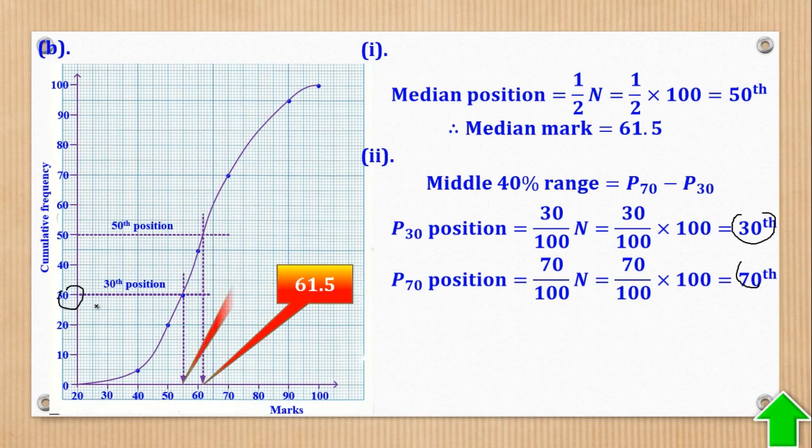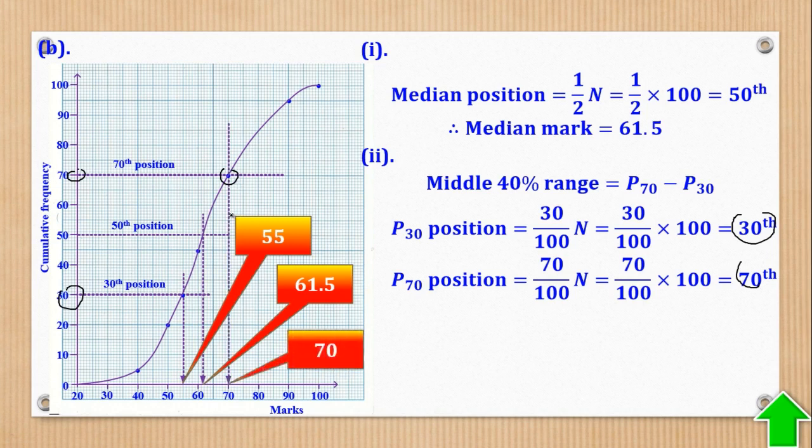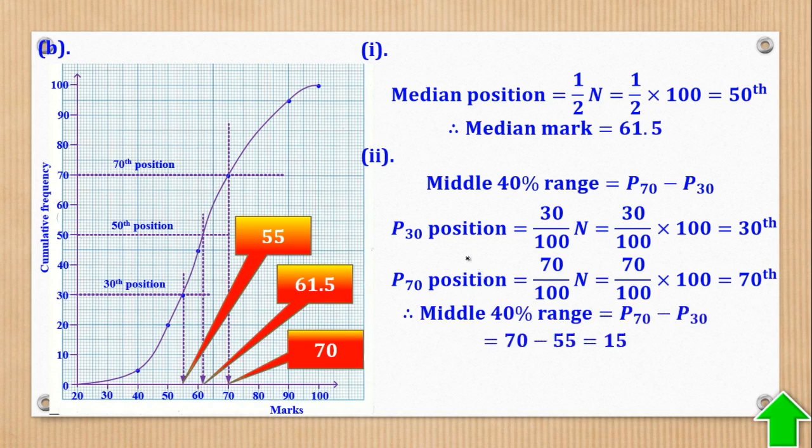Then read off that value, and that will be your 30th percentile. Do the same for 70th, take a horizontal line to meet the curve, then drop a perpendicular to meet the horizontal axis and read off that value. After that, the range means you subtract. So I'll subtract and get the answer they wanted.